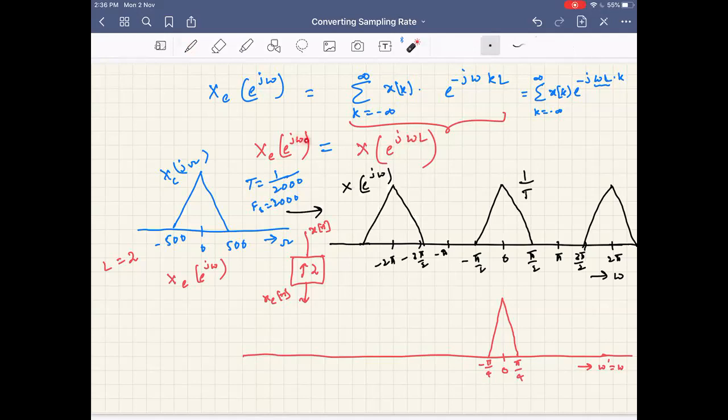So capital X of e power j pi by 2 now appears at pi by 4 here. If you put pi by 4 for omega, then pi by 4 into 2 becomes pi by 2. The value at pi by 2 now comes and sits at pi by 4, as you can see from this relation.